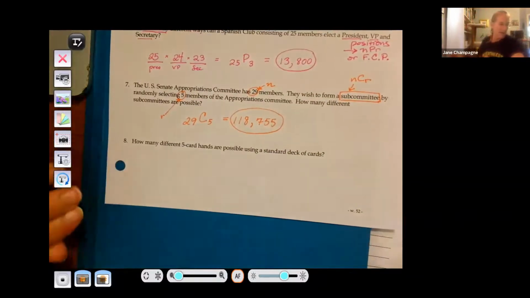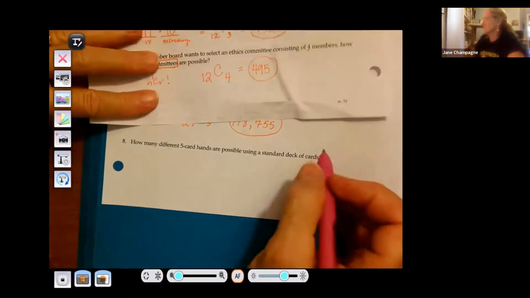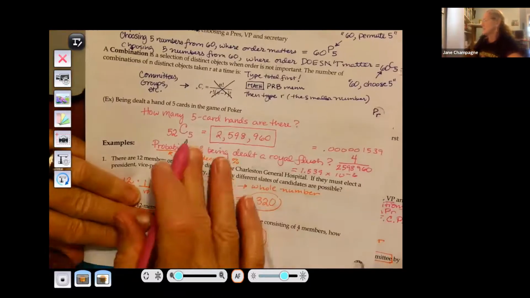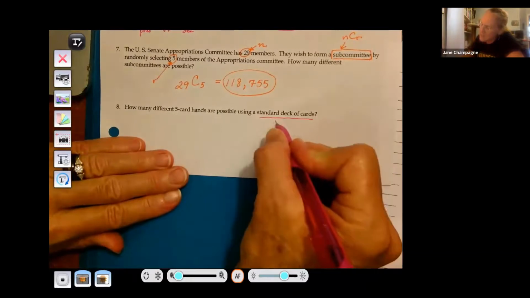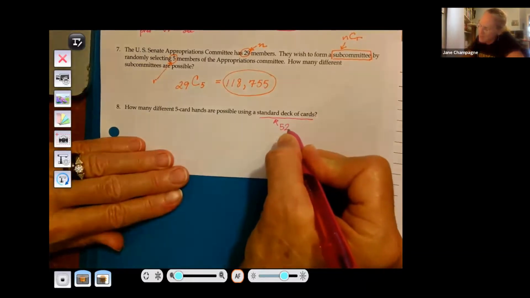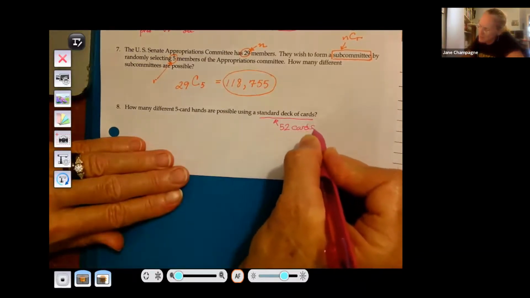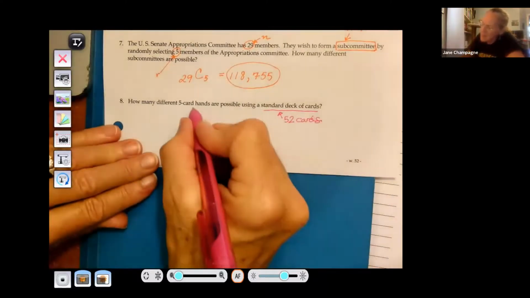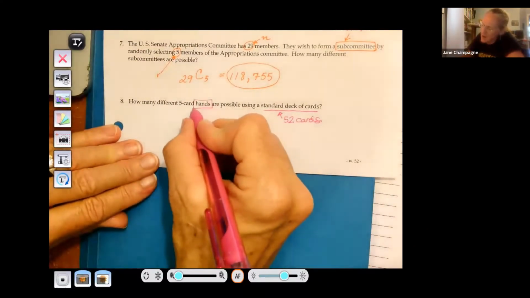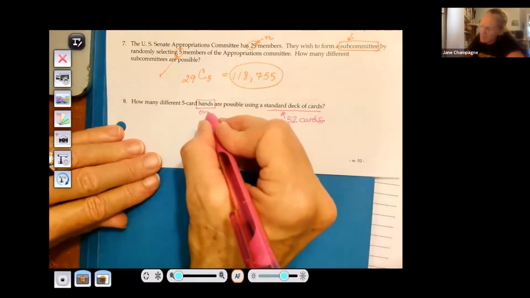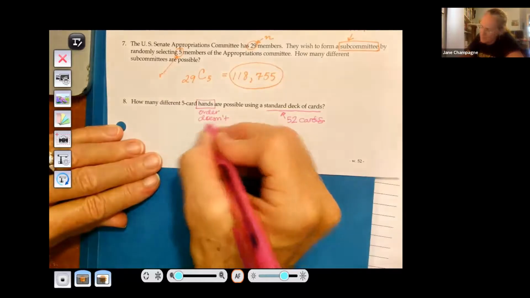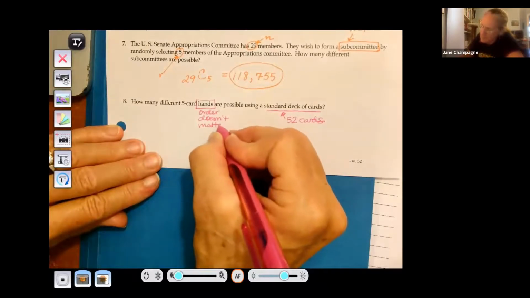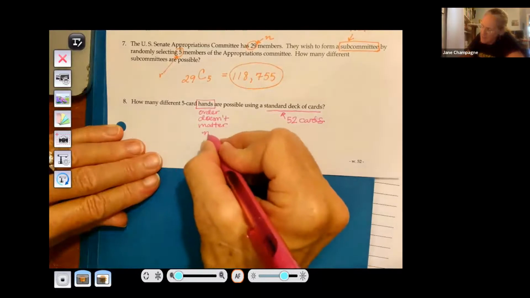All right, number 8 we already did. Number 8 is 5 card hands. We did that up here, right? 5 card hands from a 52 card deck, a standard deck of cards. You always got to remember that there's 52 cards. And in a hand of cards, order doesn't matter, so use NCR.